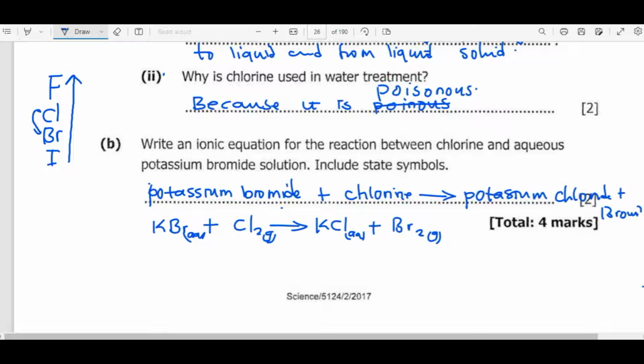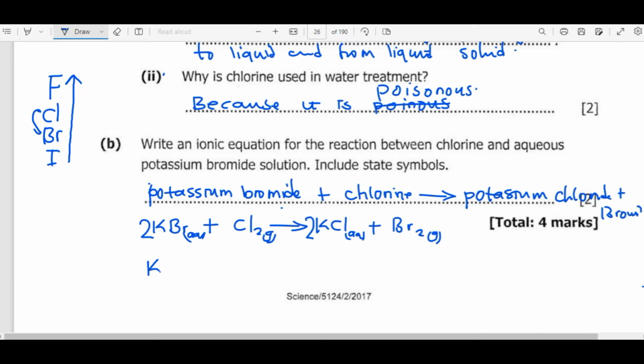Then what are we supposed to do? We just have to balance our equation. So we can just put a 2 here. Also, we put a 2 here. So our equation is balanced. So this is the chemical equation, but we need ionic. So let's convert the compounds that are in aqueous phase into ions.